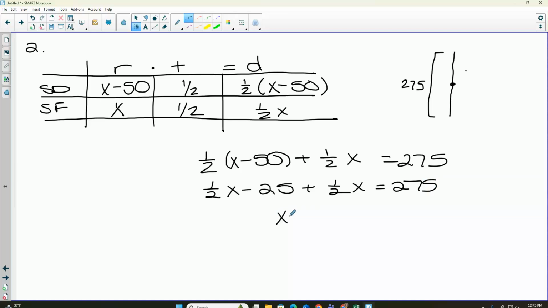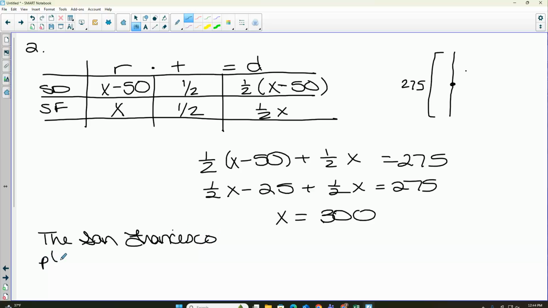So we get x to equal, if you add over the 25, 300. Then you have to write a sentence. x was the San Francisco. So the San Francisco is 300 miles per hour.